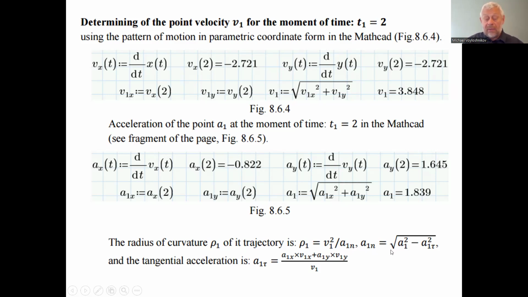This is the diagonal of the result. This is the tangential component, so here we have the tangential component, in the squared power.